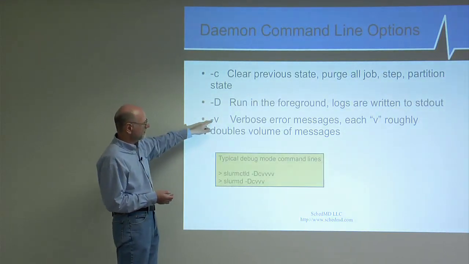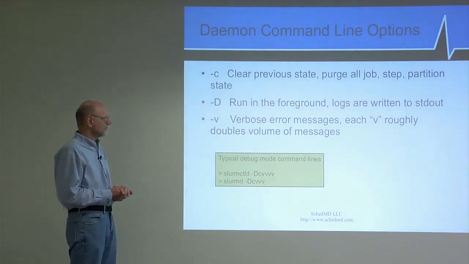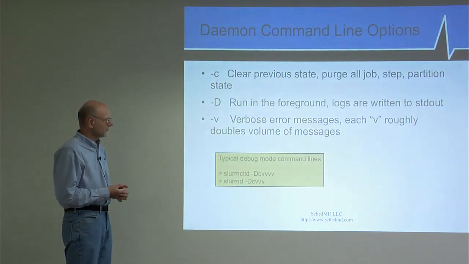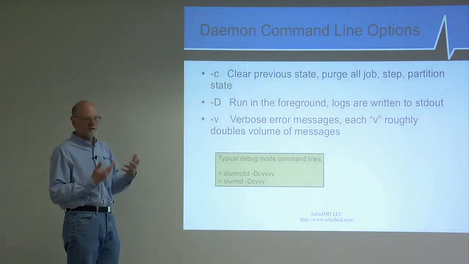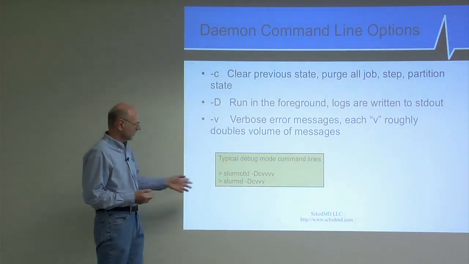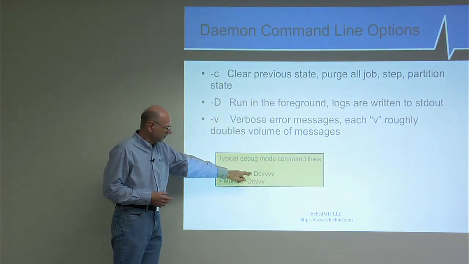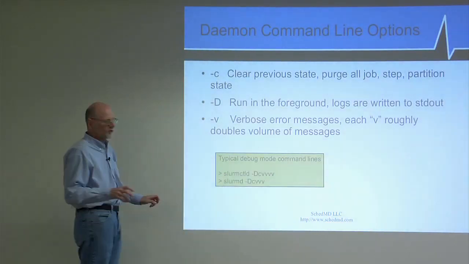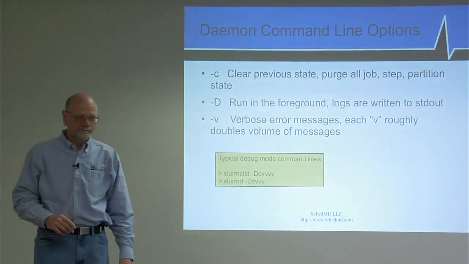And -v is to run the daemon in debug mode, and each v roughly doubles the number of messages. So if you're debugging, you want to see what's happening. Here are commands basically to run it in the foreground, clear all your state, and run it in a relatively verbose debug mode.